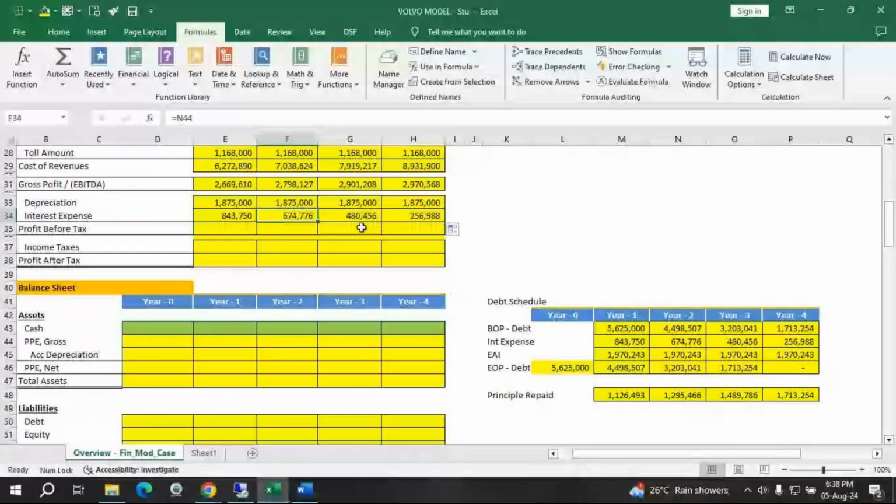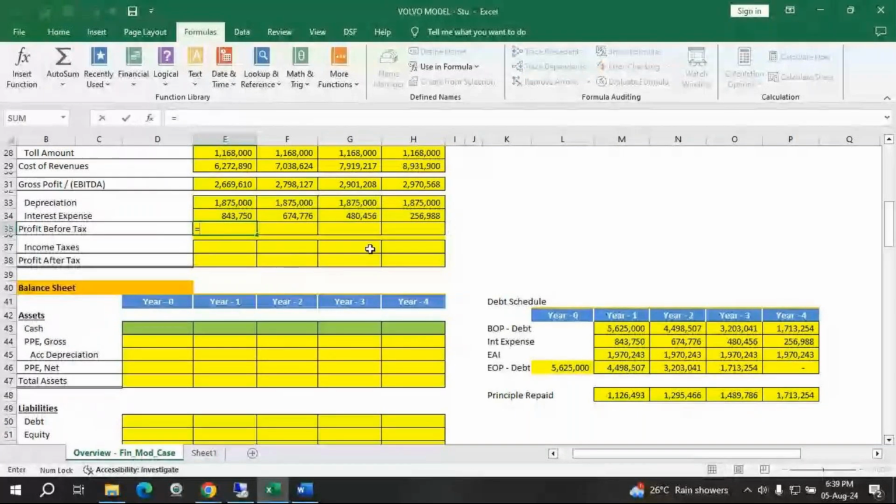Profit before tax will be EBITDA minus depreciation minus interest expenses. That will be my profit before tax. So the first year is a loss.